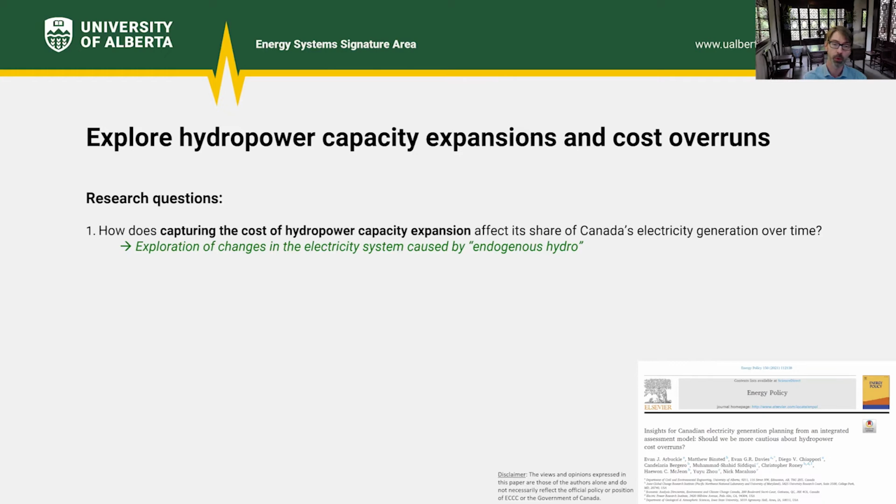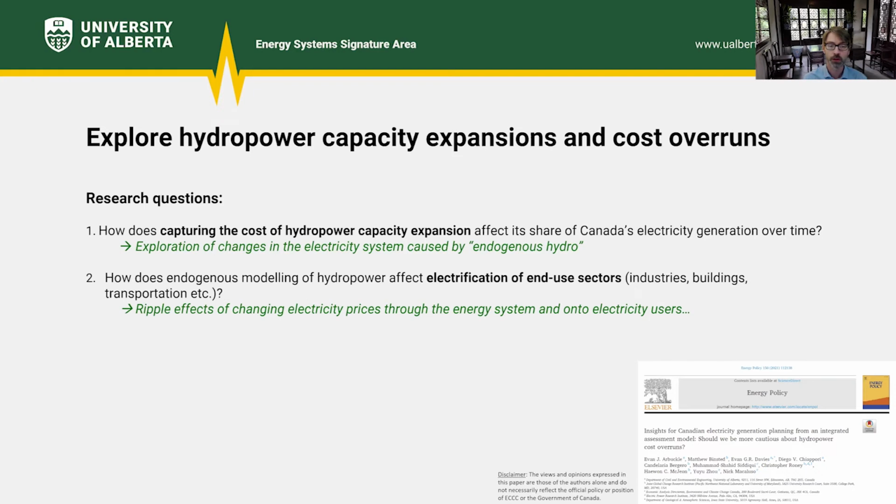So if, for example, we're looking at net zero energy in Canada, or zero emissions into the future by 2050, for example, maybe some of our electricity should actually come from hydropower, which is emissions free. So then we were looking at an exploration of changes in the electricity system that were caused by endogenous hydro, so that hydropower capacity could expand given some signals from policy, from government.